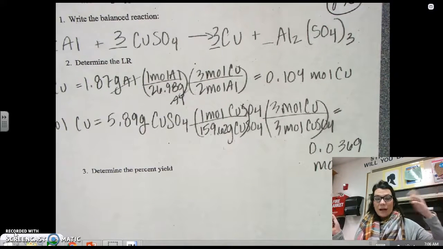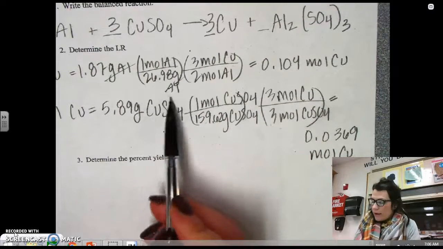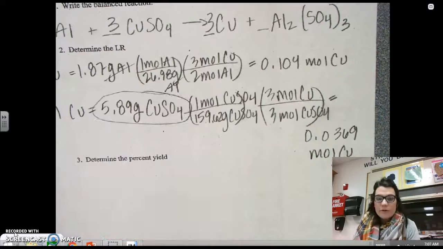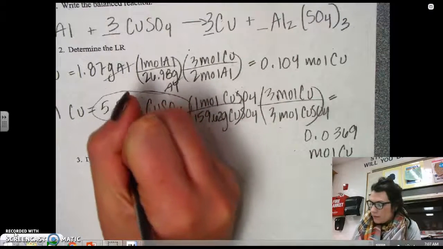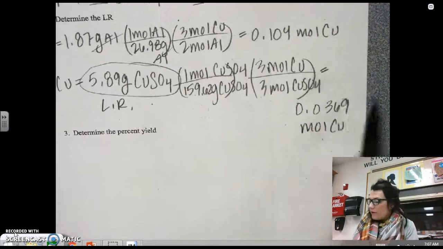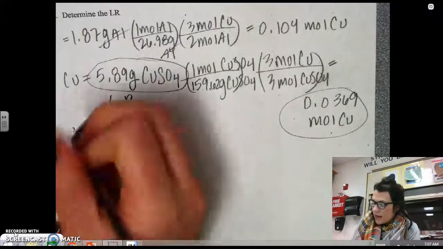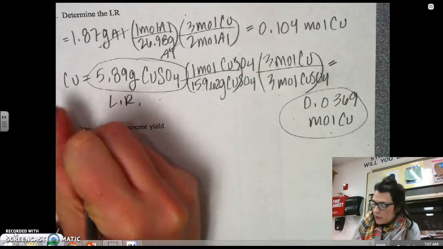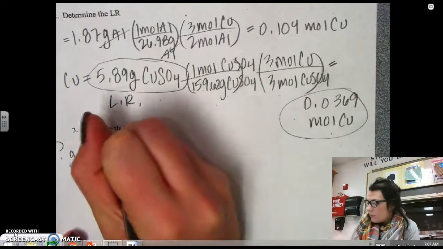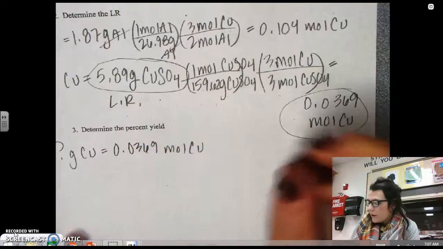Who limits the reaction? Okay? This is the smaller amount of moles. So my 5.89 grams of copper 2 sulfate limits how much copper I can make. Okay? Now, if I'm only making this amount of moles of copper, I can then just say question mark grams of copper equals the 0.0369 moles of copper, right?